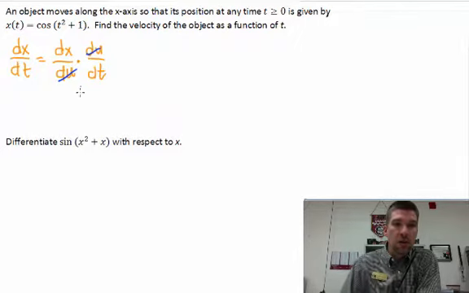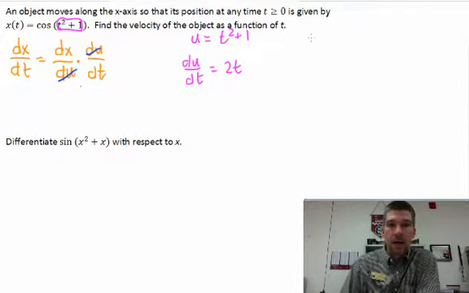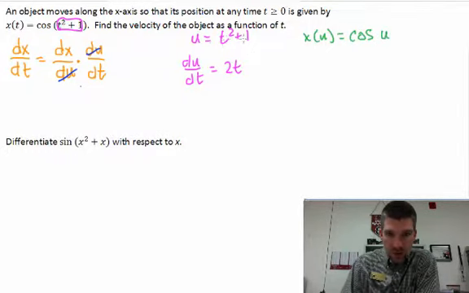So let's let u equal the inside part. We're going to let u equal this inside part right here. So we're going to say, hey, u equals t squared plus 1. So du dt is equal to 2t. We're going to say that x of u is equal to the cosine now, not of t squared plus 1, but of u, because look, we've picked what u is going to be.